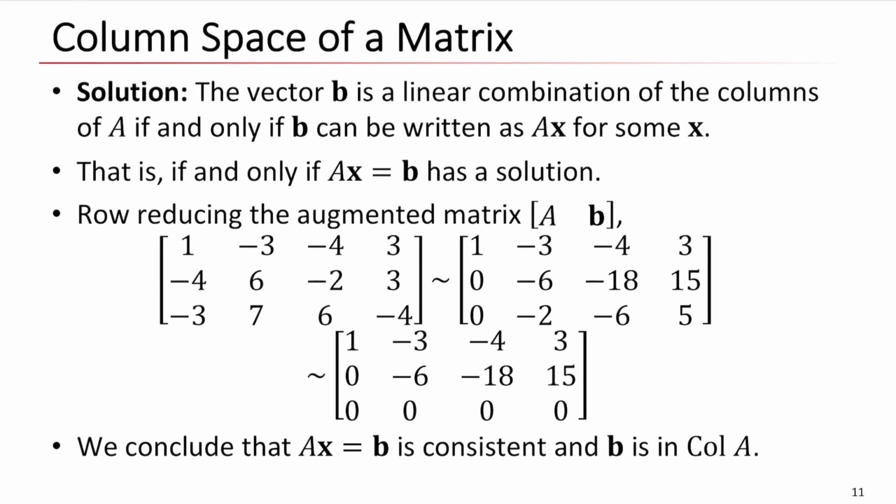Okay, let's solve this. The solution: the vector b is a linear combination of the columns of A if and only if the vector b can be written as Ax, or Ax equals b has a solution.